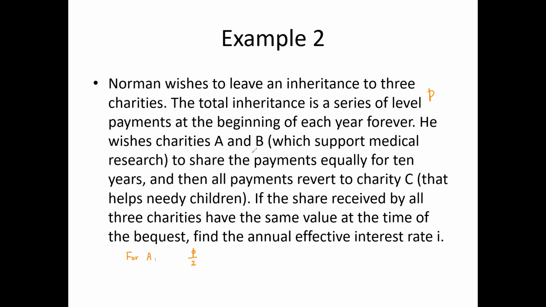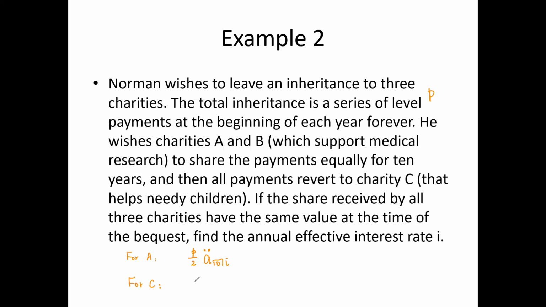and it's paid at the beginning of each year, so this is an annuity due. For A and B, they have 10 years. So we have a angle 10 due. This is the present value for charity A and charity B. And for C, it's a deferred perpetuity.